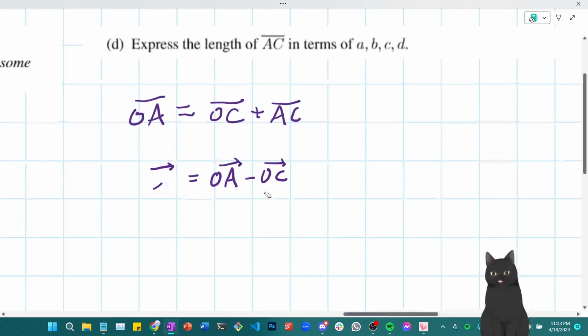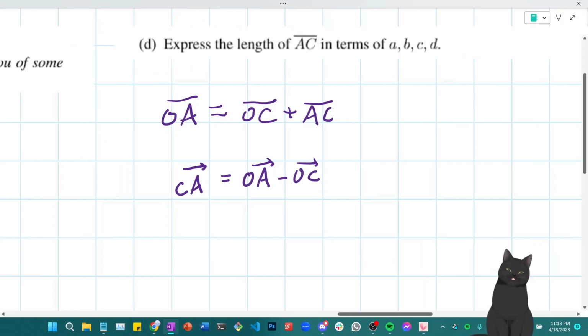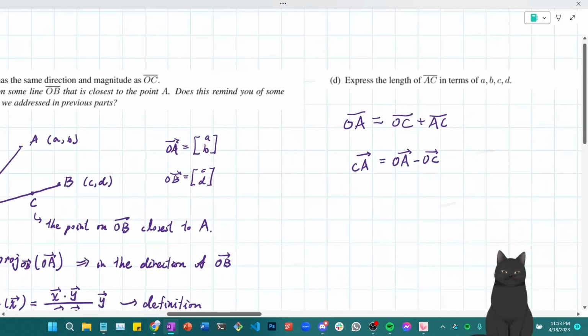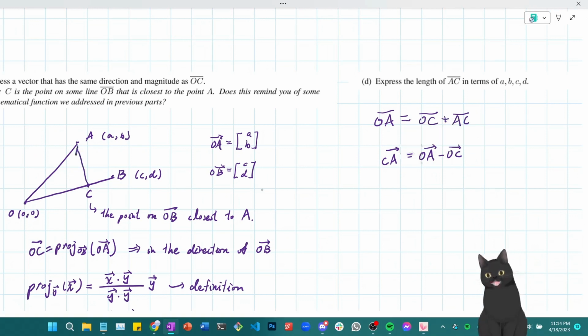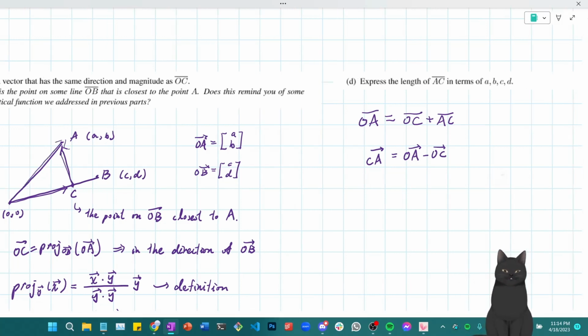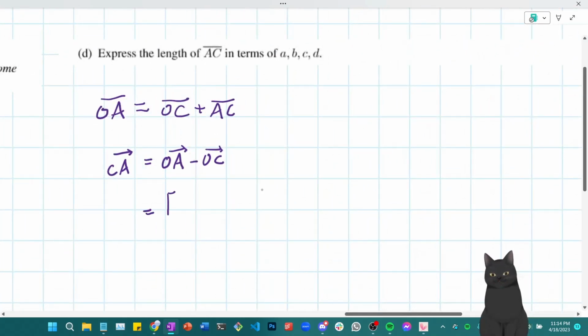Or more accurately, the vector from C to A is equal to the vector from O to A minus the vector from O to C. You can see that because CA is the vector going from C to A. Summing up OC and CA on the left side of the screen leads me to the vector OA. This forms a triangle. I do know OA. OA is just AB.